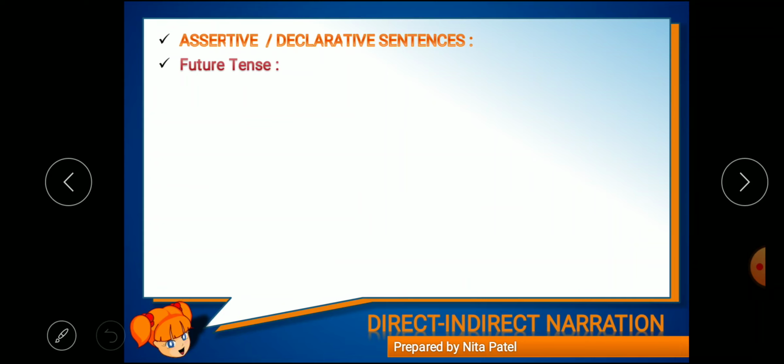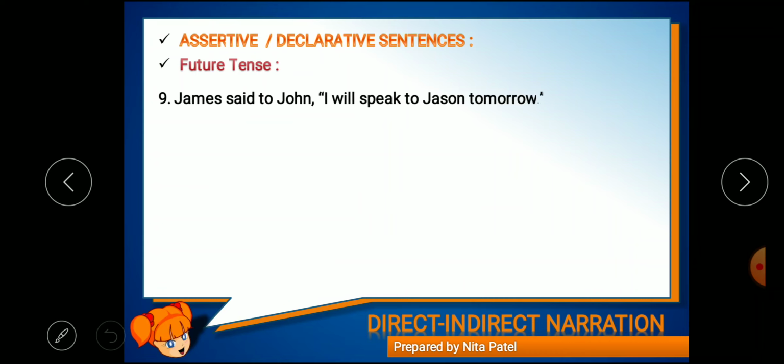Okay, now we'll see the future tense. So first example is here. James said to John, I will speak to Jason tomorrow. Now, if you remember the tense, wherever future tense is used, we do not need to change the main verb. We'll just convert will into would and shall into should.